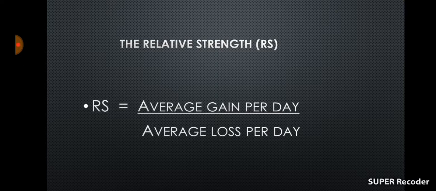For the calculation of a 14-day RSI, the gain or loss per day is arrived at by comparing the closing price of the day with that of the previous day for a period of 14 days. The gains are added up and divided by 14 to get the average gain per day. Similarly, the losses are added up and divided by 14 to get the average loss per day.